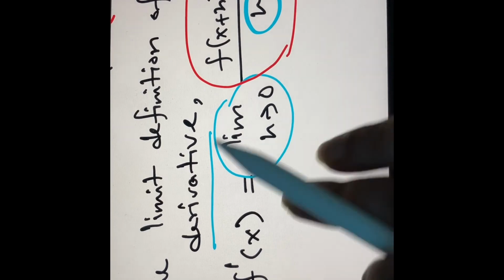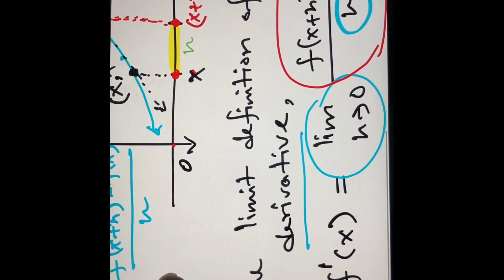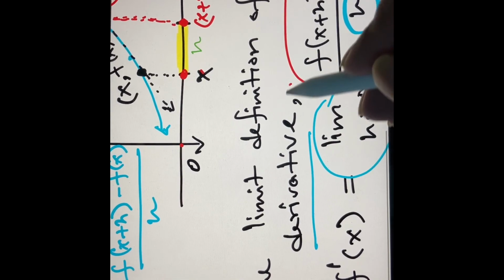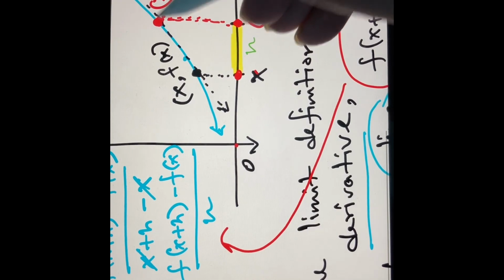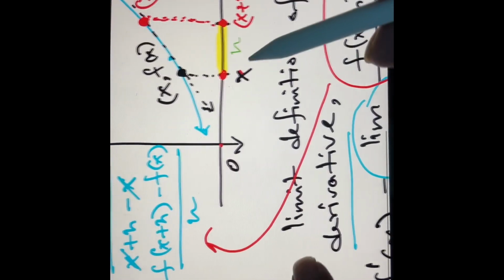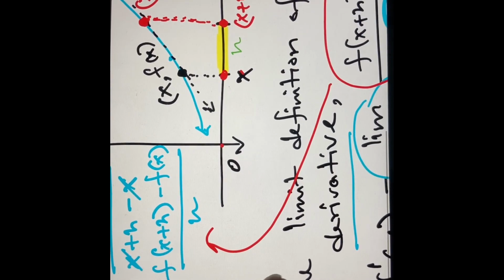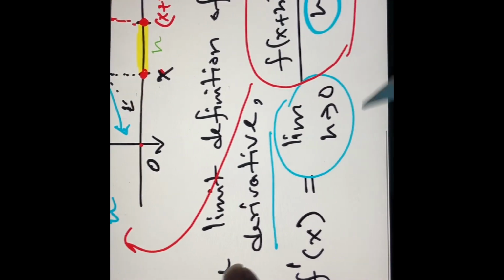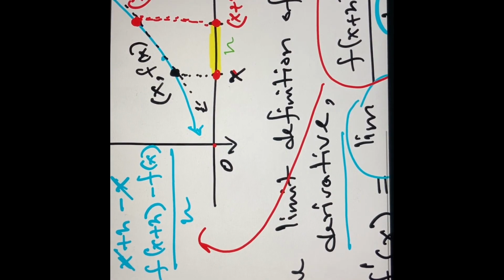So this represents the slope at a specific point, right? Why at a specific point? Because as we already talked about, the distance between these 2 points will be approximately equal to 0. That's what it means, the distance between those 2 points. So those 2 points kind of behave like the same point.